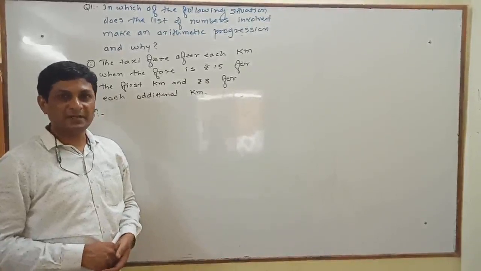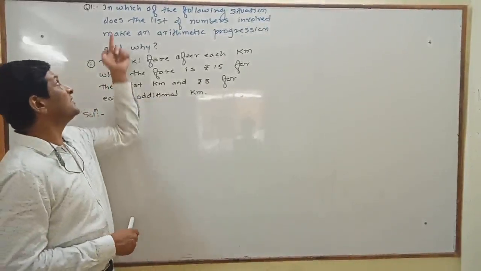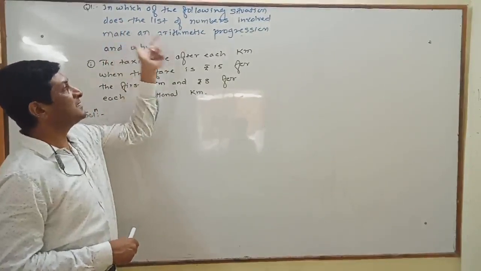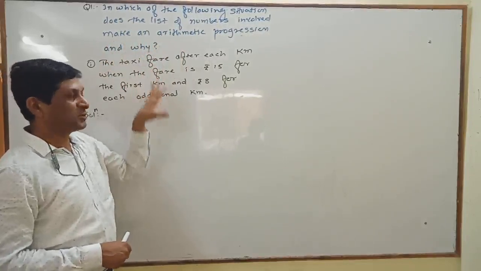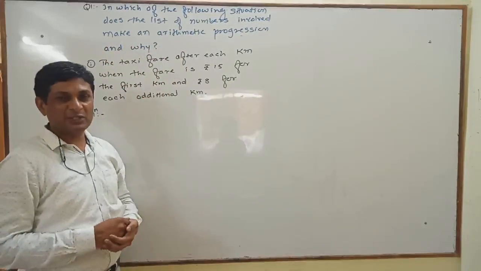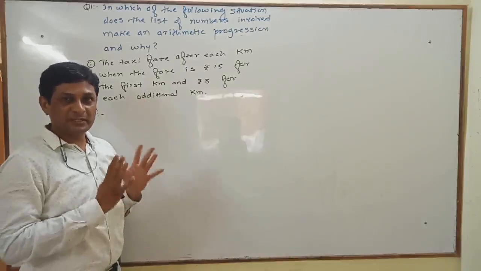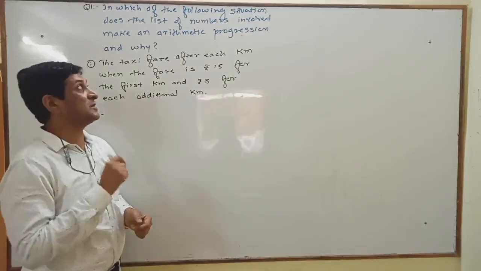Now we are starting the first exercise. So in question number first, see what the question is. In which of the following situations does the list of numbers involved make an arithmetic progression and why? So a total of 4 examples are given in question number first. We are solving the first example. First we have to read the condition in the given example very carefully. We have to prepare the list of numbers.